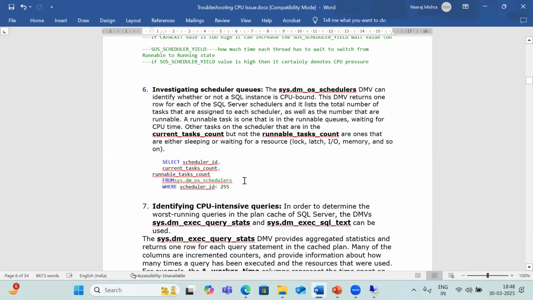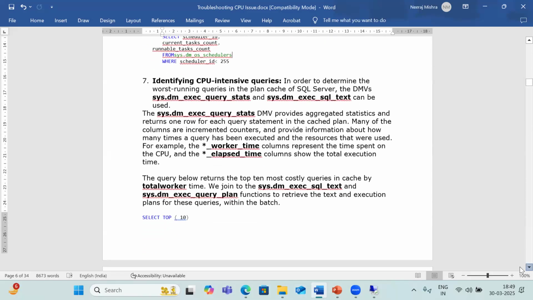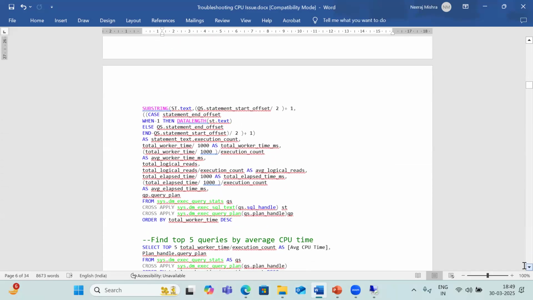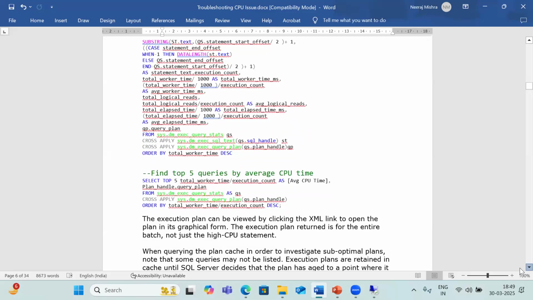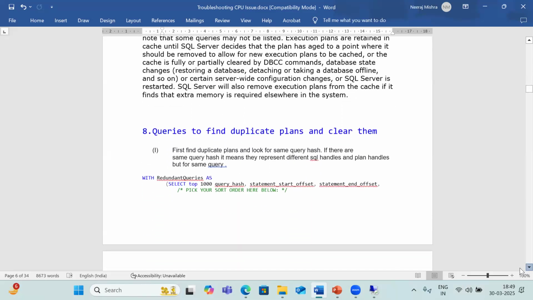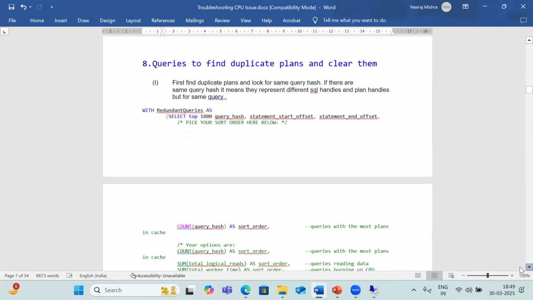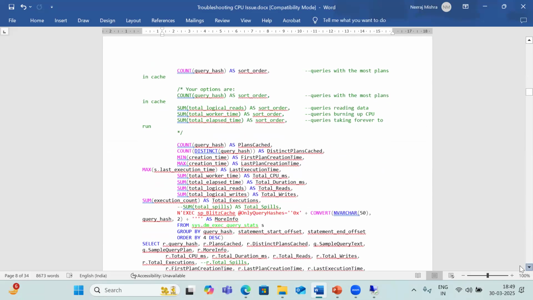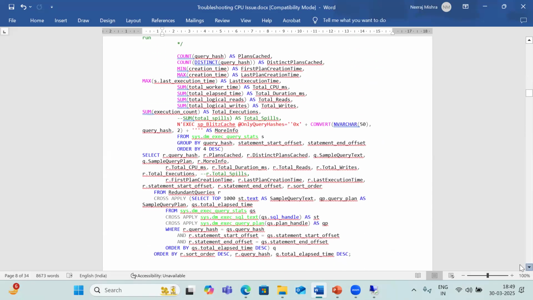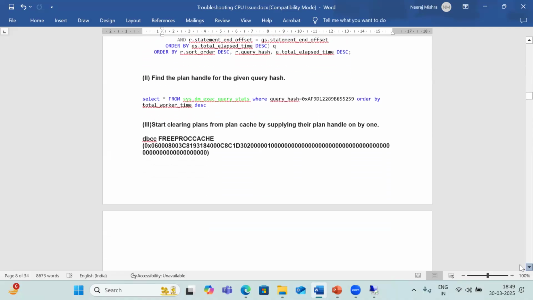If the system schedulers are causing much pressure on SQL Server when compared to the worker schedulers, or maybe because of system processes the CPU spike is happening, we can use that to resolve CPU related issues.